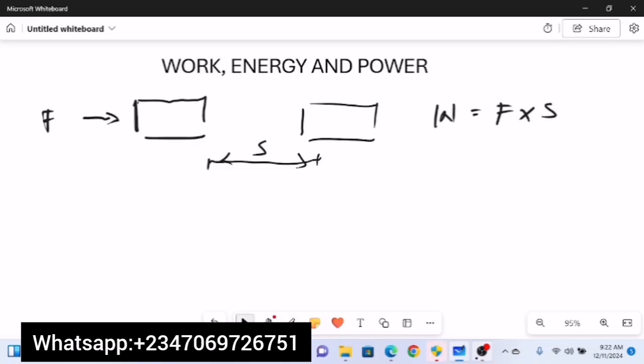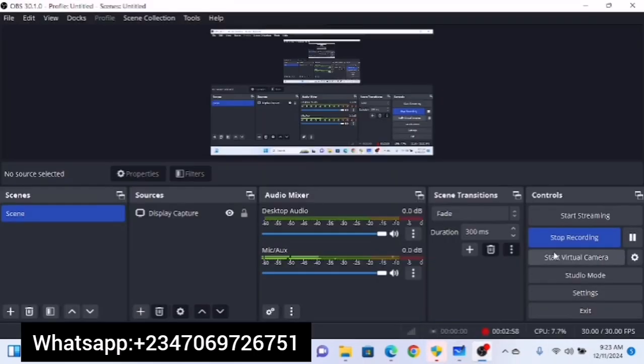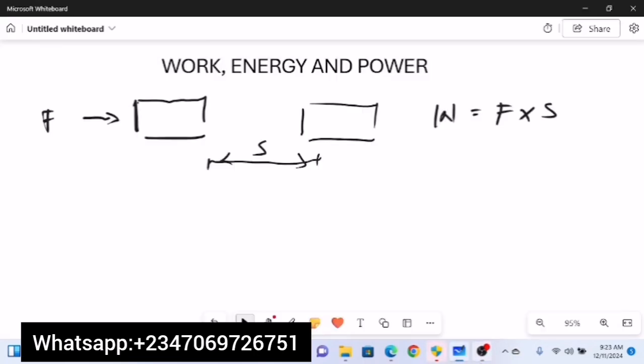And since work is associated with distance and distance is not displacement, this simply means work is a scalar quantity and not a vector quantity, because work does not really have direction.